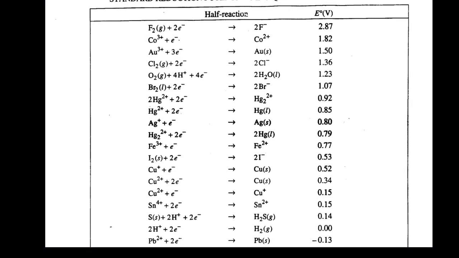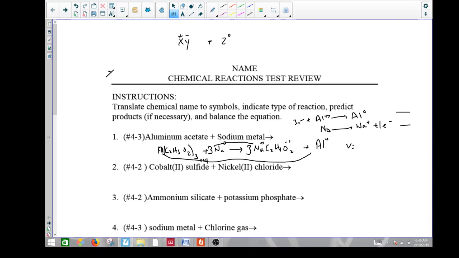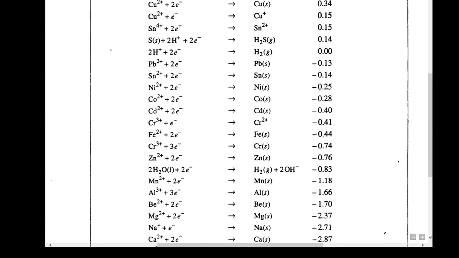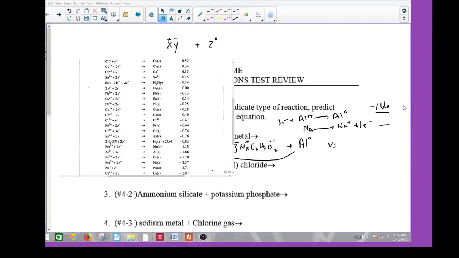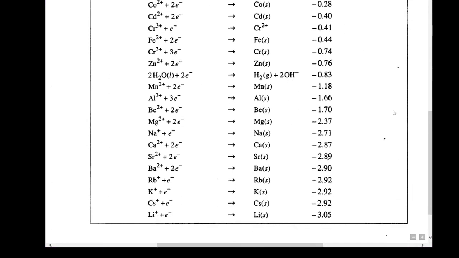Alright, my two voltages. I'm going to flip over to my voltage chart, and I'm looking for the reduction of aluminum. That should be right on there, and it will be right here, -1.66. Sodium metal is oxidized, so sodium metal is located here.